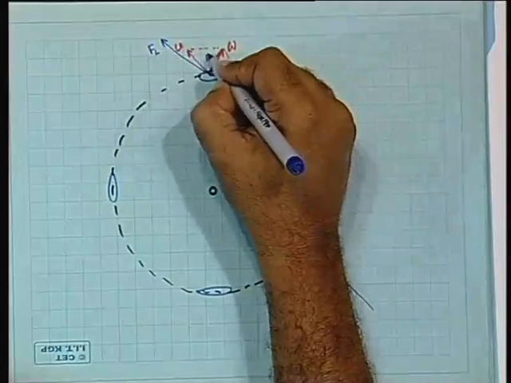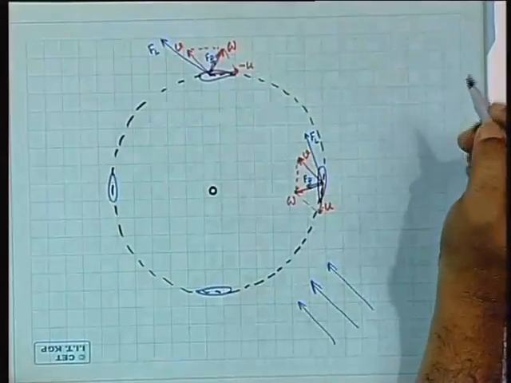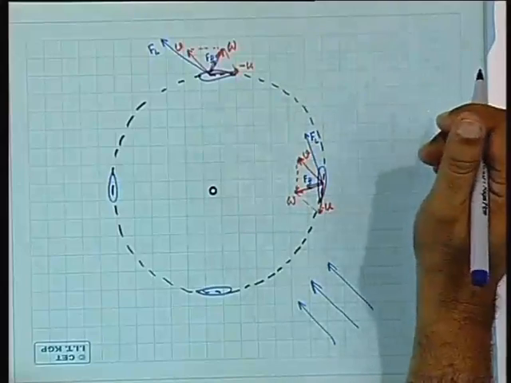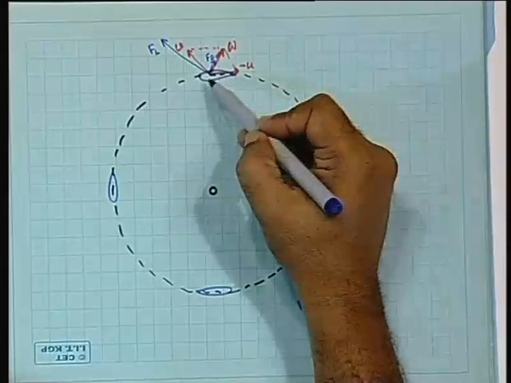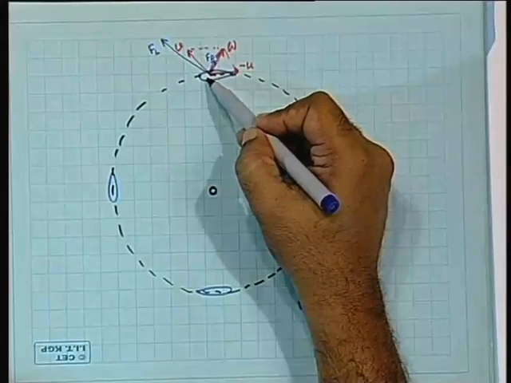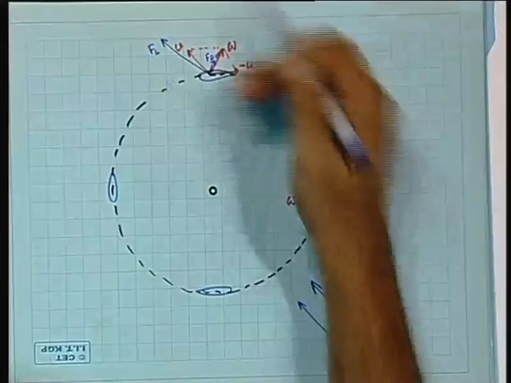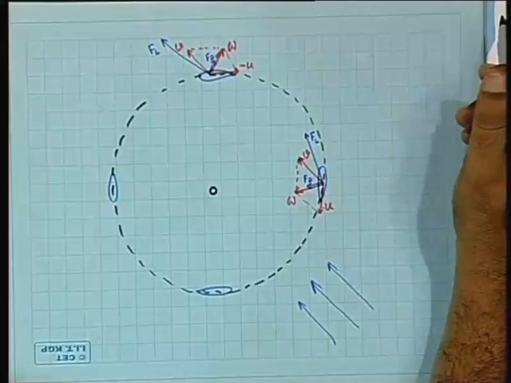I am always drawing the lift force larger than the drag force because that is the characteristic of most airfoils. Now here also there is a component of the lift force that aids the motion.